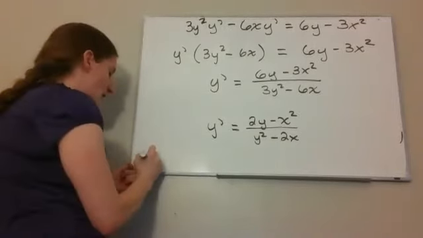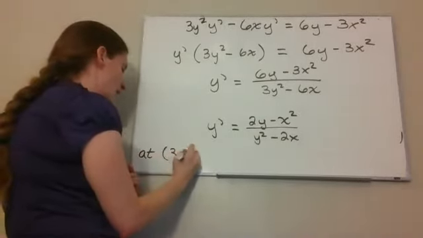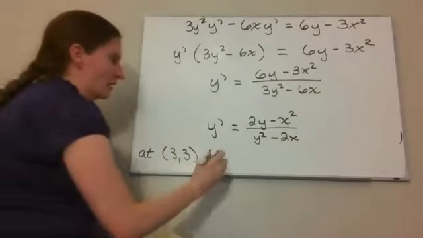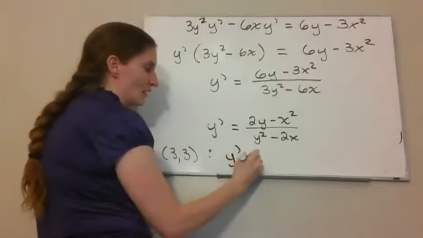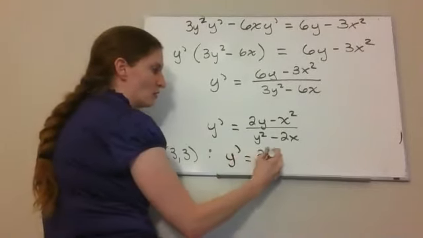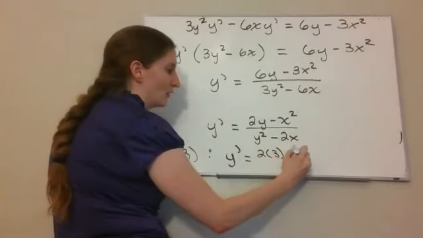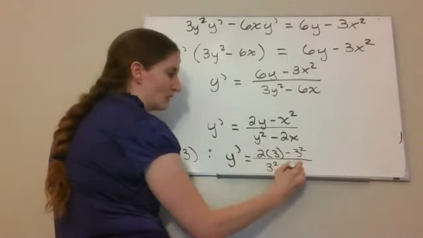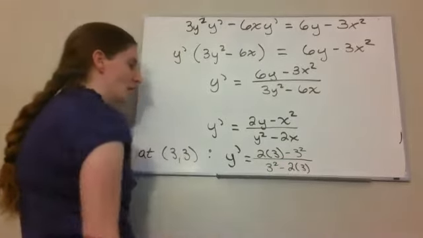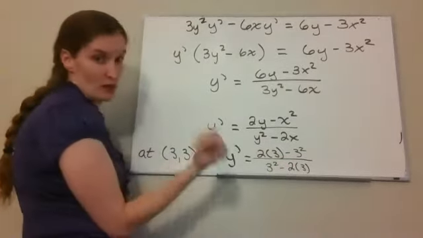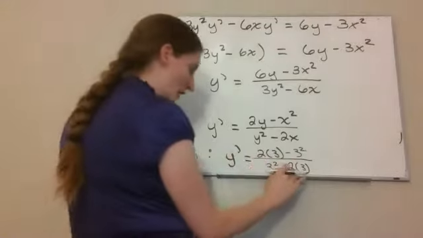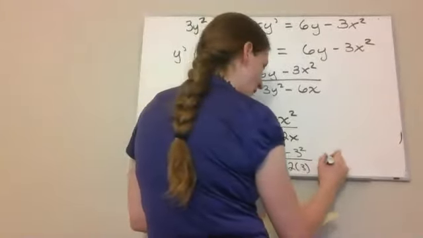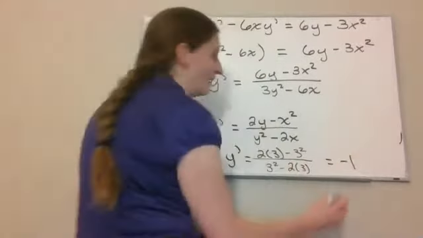The point that we were supposed to be using was the point 3,3. So at the point 3,3, my derivative is equal to 2 times 3 minus 3 squared over 3 squared minus 2 times 3. So I get 6 minus 9, which is negative 3, over 9 minus 6, which is positive 3. So I get negative 1 when I simplify.